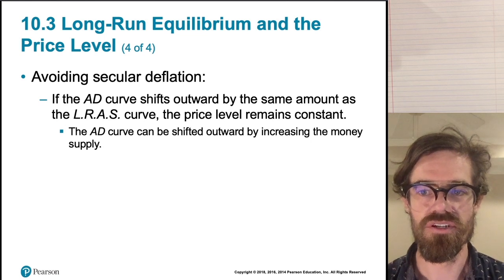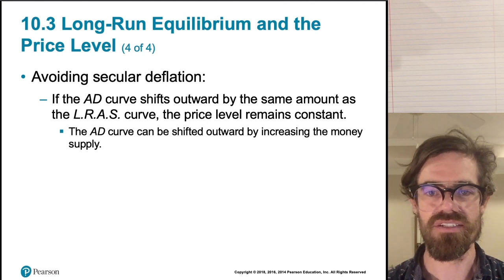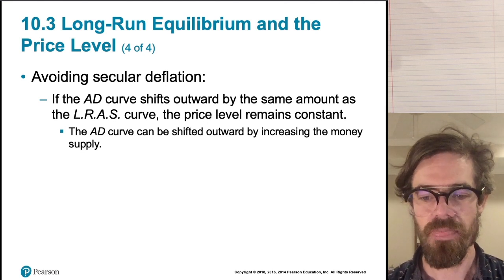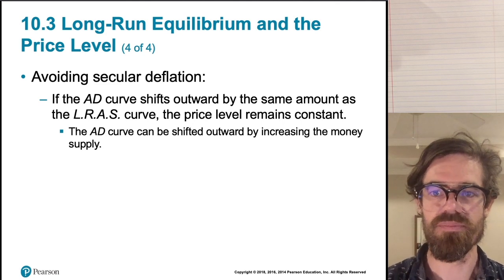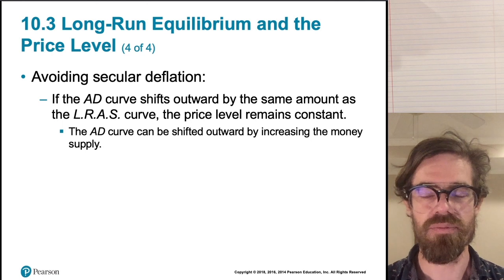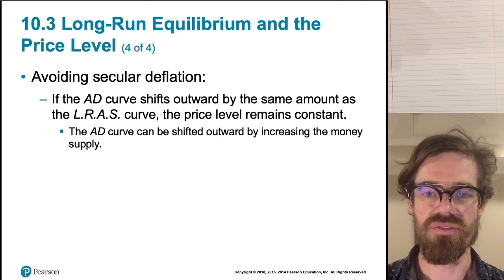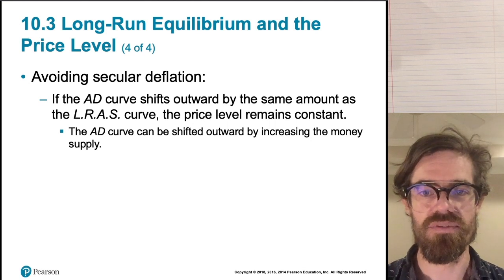Now, as I mentioned earlier, one thing that can shift the aggregate demand curve to the right is increasing the money supply, which is a part of monetary policy, which we're going to talk about towards the end of the term. But that's basically what's happening. As our economy grows and long-run aggregate supply shifts to the right, aggregate demand is also shifting to the right at the same time.